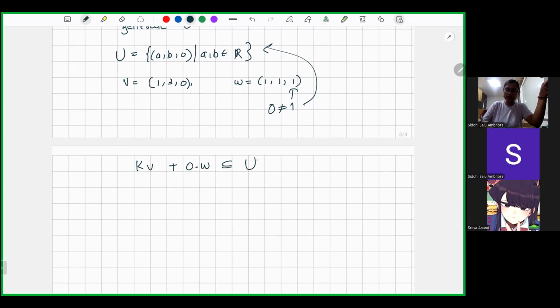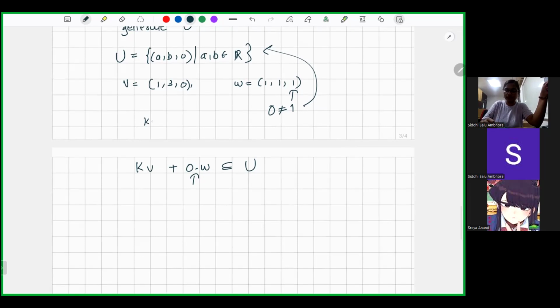This will be contained in U, because the moment I take some non-zero multiple of W, some A W, it does not belong to U for any non-zero A.